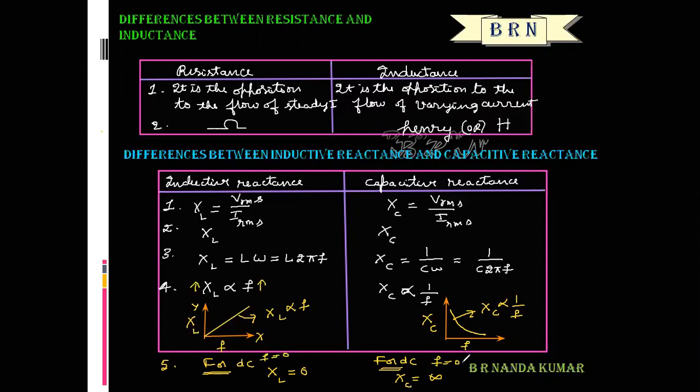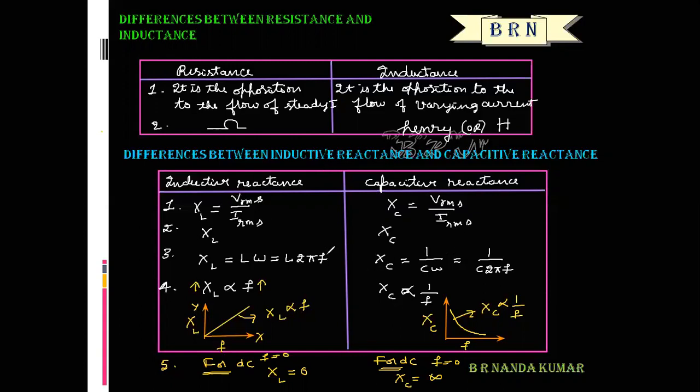The expression for capacitive reactance is 1 divided by C into 2 pi f. If f is equal to 0, Xc becomes infinity. That means the capacitor blocks the flow of DC, but it allows AC.